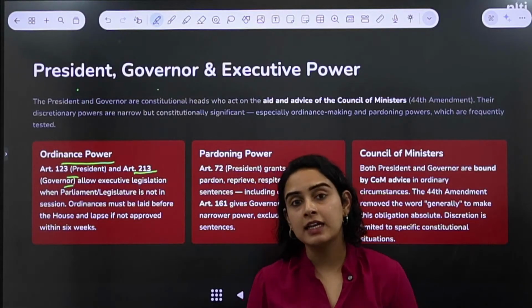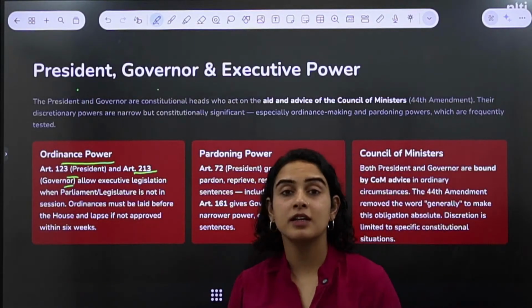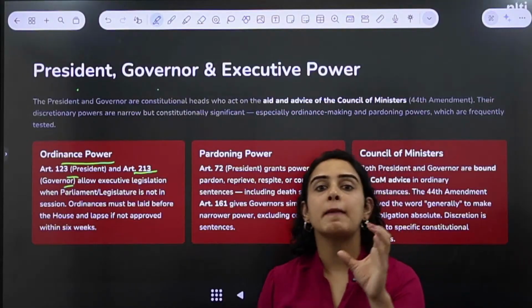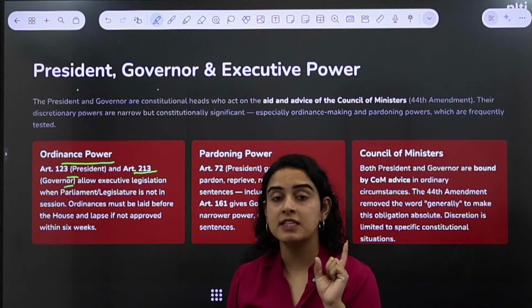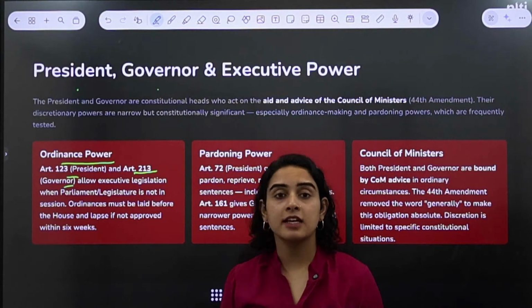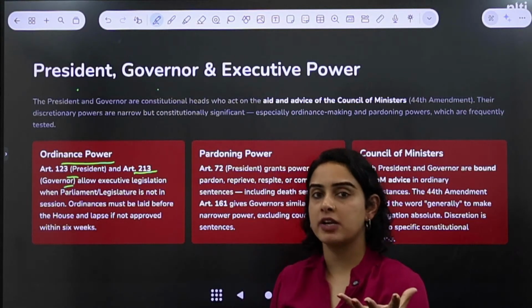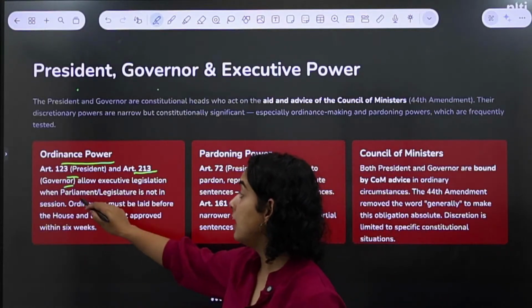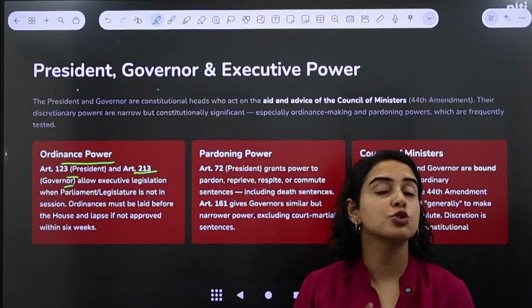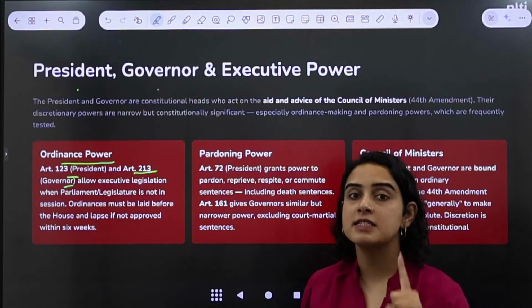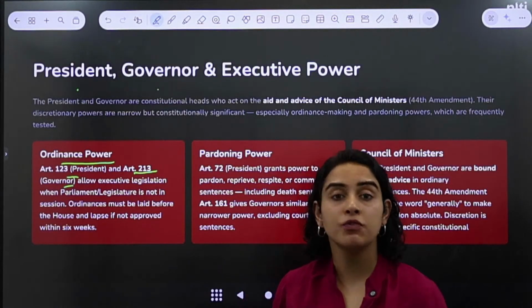No. In that case, the President and the Governor have the power to make temporary laws. See, otherwise they're executive, right? Executive does not have the duty to make laws, but they have some special rights, that when the Parliament or the state legislative assembly is not in session, in that case they can make temporary laws in form of ordinances.